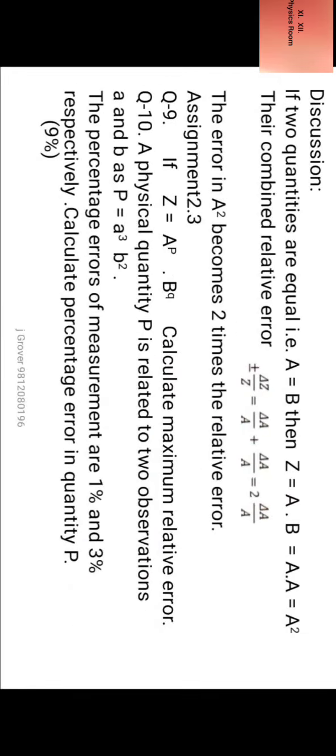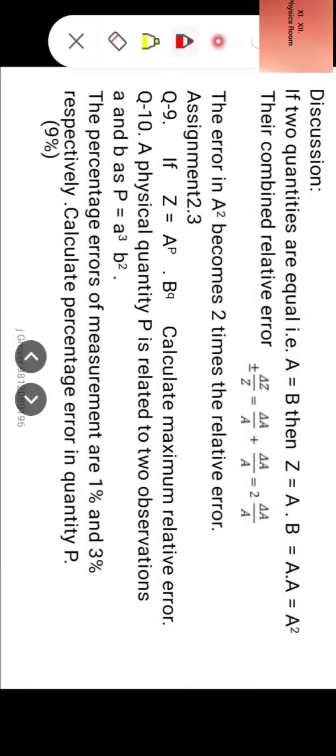Now, assignment 2.3 continued. Question number 9. If Z is equal to A raised to power P into B raised to power Q, calculate the maximum relative error. Question number 10. A physical quantity P is related to two observations A and B as P equal to A cube into B square.